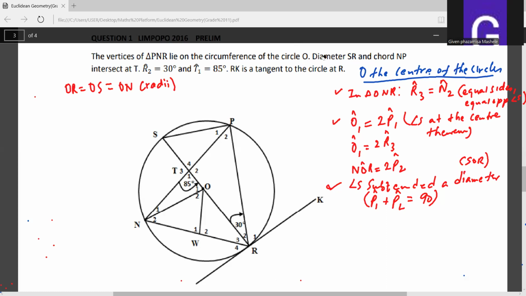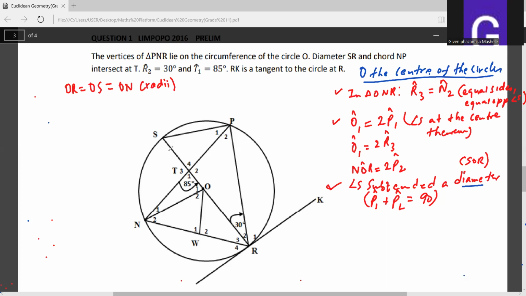Then the second one they mentioned is diameter SR. We already spoke about a diameter, so there's no need to continue, because I've included it already.